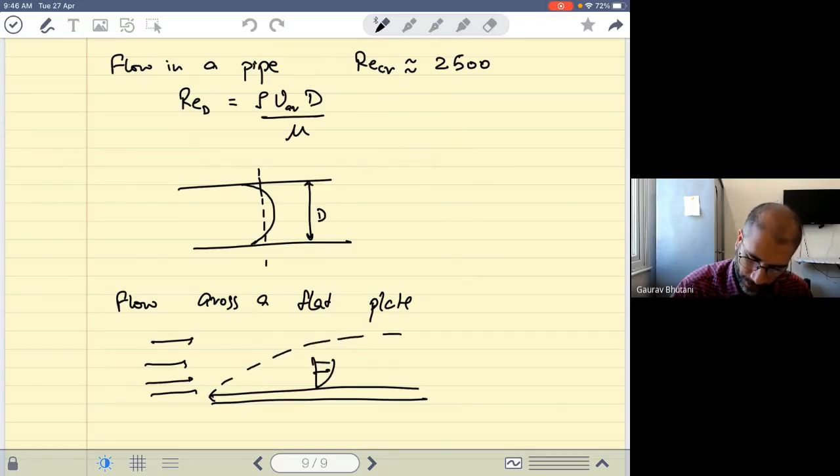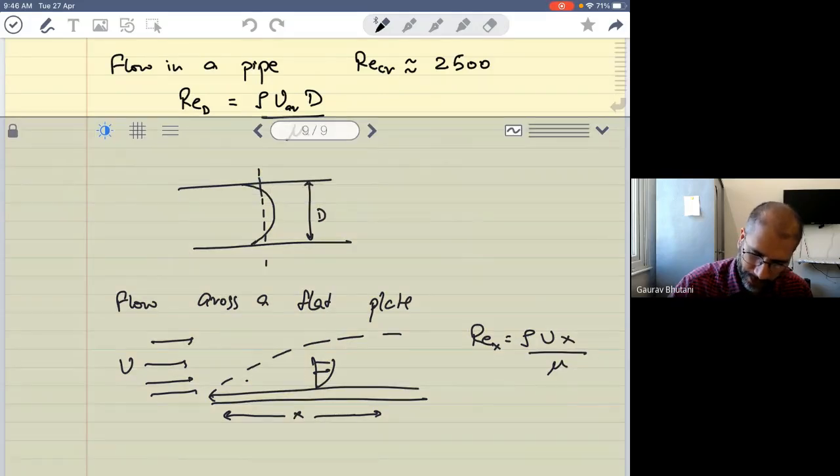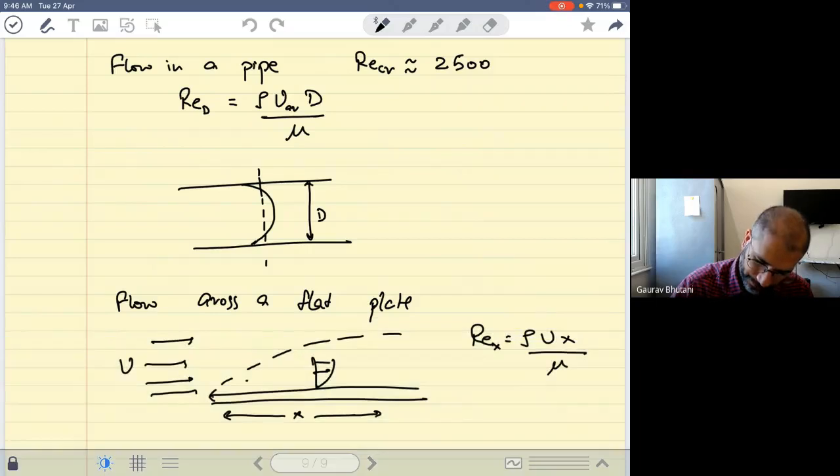If I call this distance x, as you move from left to right, x changes. So you define Re x as rho u x by mu. The critical value of the Reynolds number in this case is approximately 5 times 10 to the power of 5.